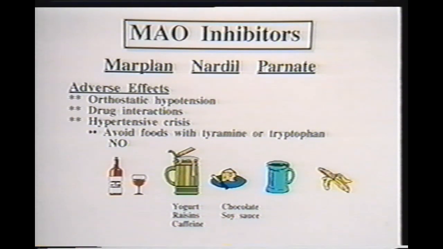They can't have yogurt, raisins, caffeine, chocolate, soy sauce, coffee, anything with banana peels even, for instance, are bad for these patients. Chicken livers, avocados, so many foods that will precipitate a hypertensive crisis, that these are really very difficult for patients to live with.